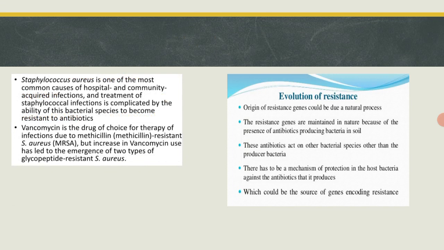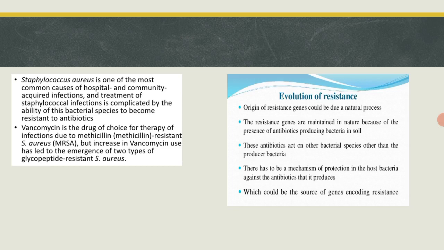Now if we look into the evolution of this resistance, the strains which were first discovered with these resistance properties include the most important strain, Staphylococcus. Now we have the VRSA, then the MRSA strains.